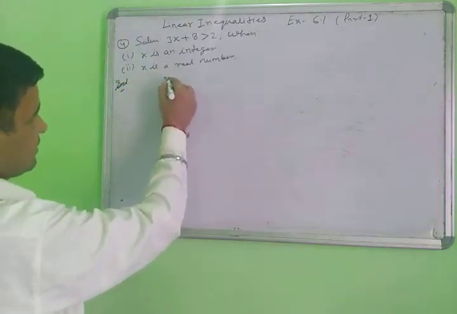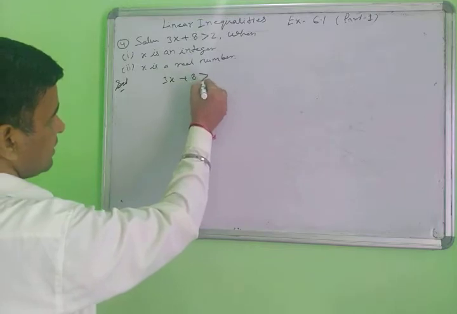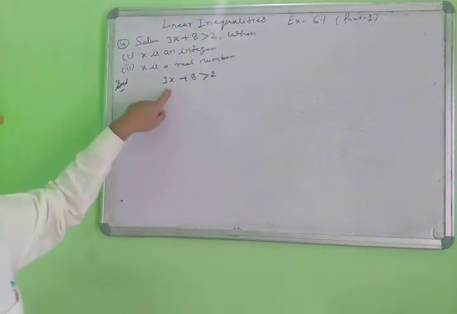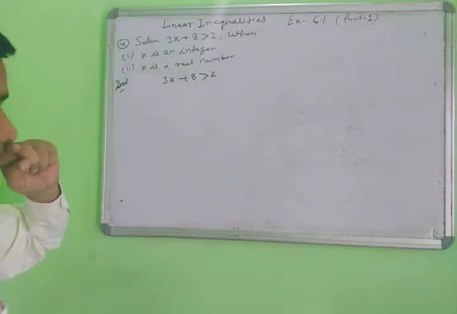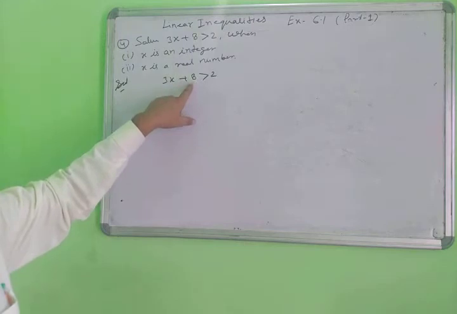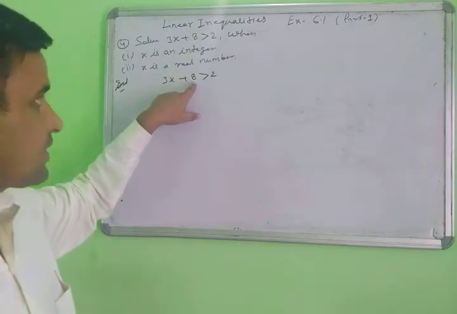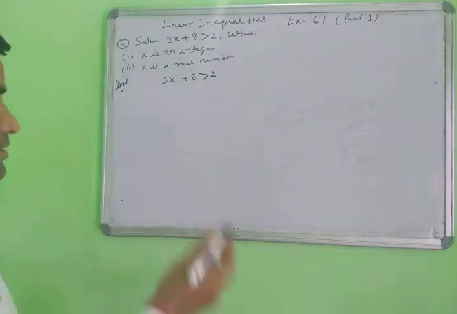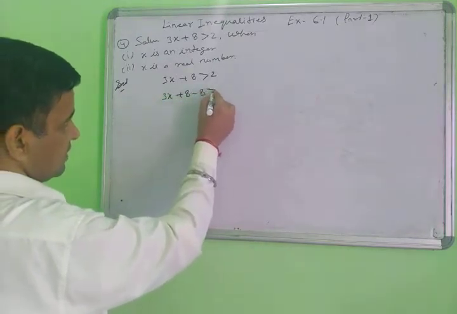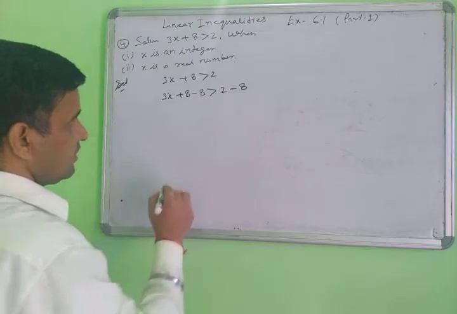First write 3x plus 8 greater than 2. First we'll find the value of x with the help of this inequality. First, removing the addition of 8: to remove it, you subtract 8 from both sides. Then 3x plus 8 minus 8, and 2 minus 8.